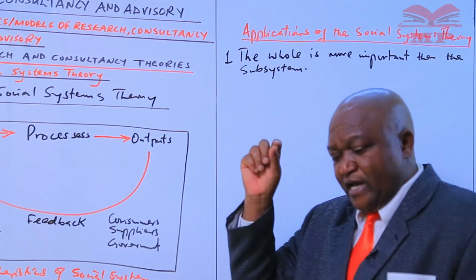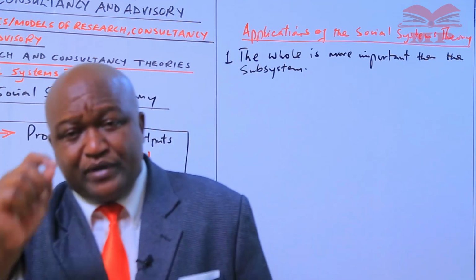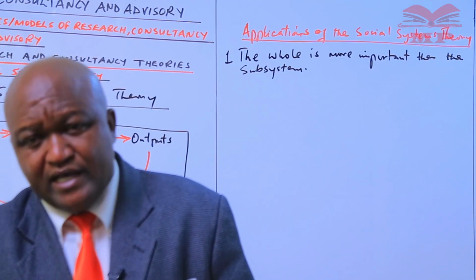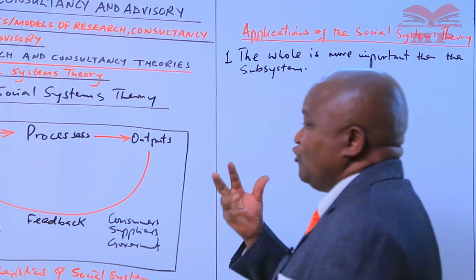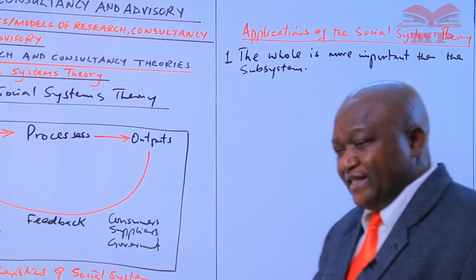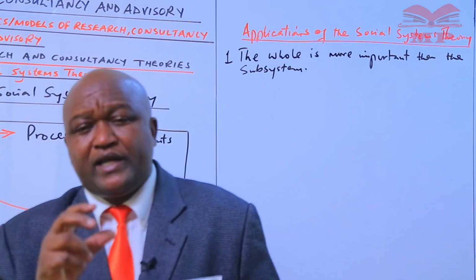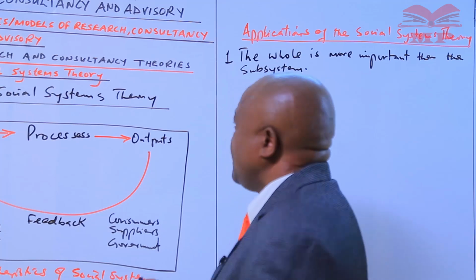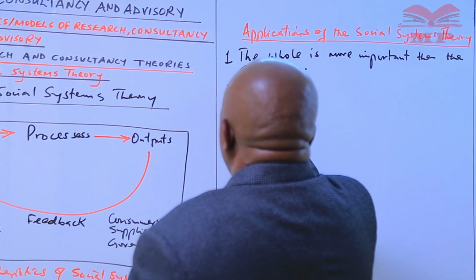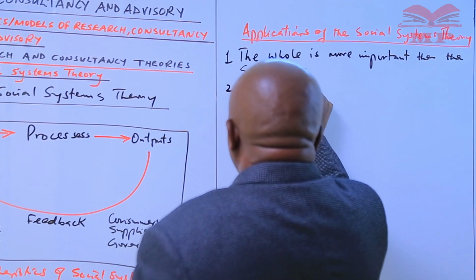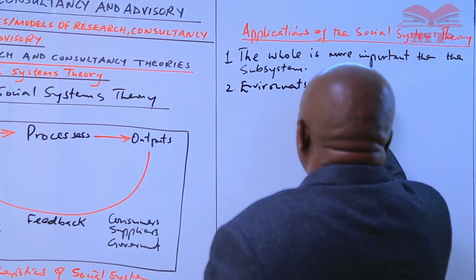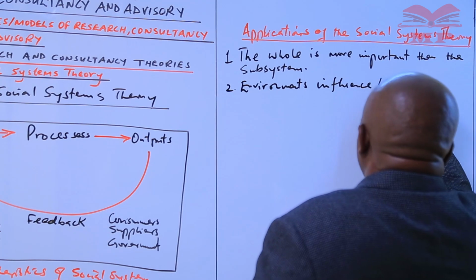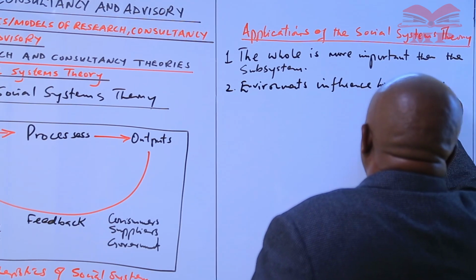So the whole system and its requirements take precedence when it comes to structuring of events and activities. It is also important to note that those making decisions should be aware that the environment within which a system operates is important. So the environment influences how organizations operate. Environments influence how organizations operate.